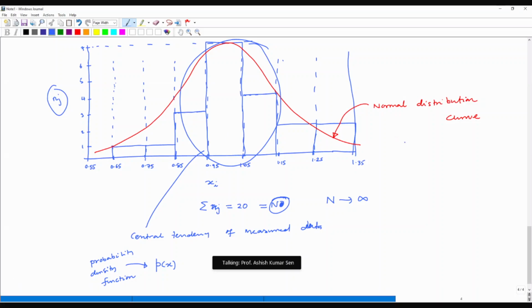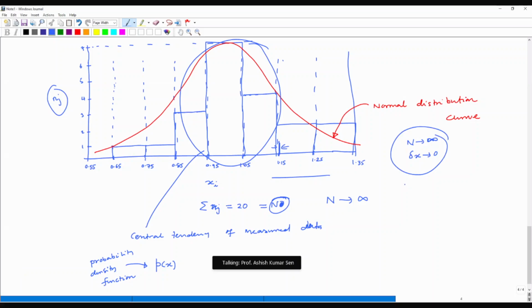So in a typical histogram, as I said, when n tends to infinity and your interval delta x tends to 0, that means your interval here becomes very small, right? And the number of data points becomes very large.